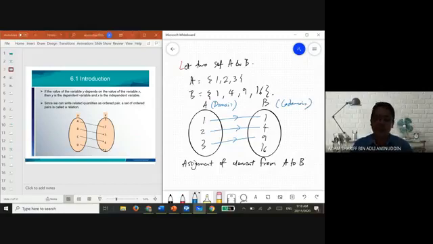And there usually can be defined as a relationship of something. So in this case, for example, I try to assign a function from a domain A to codomain B such that f(x) equals x squared.